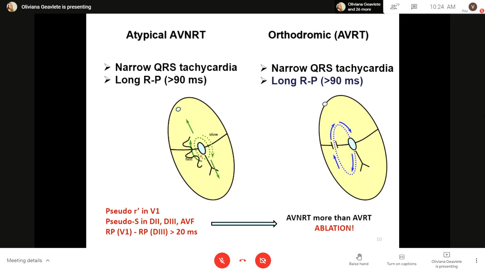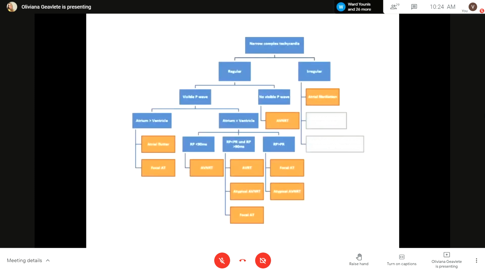But usually you cannot tell the difference between these two on an ECG, and you should go for the electrophysiologic study in this case. And ablation is a very good treatment for both these tachycardias.